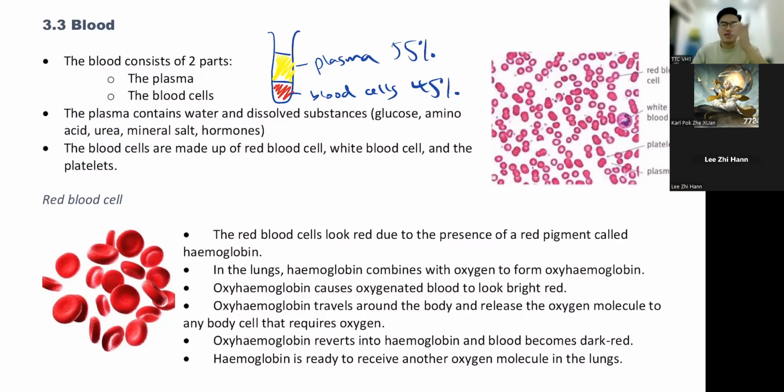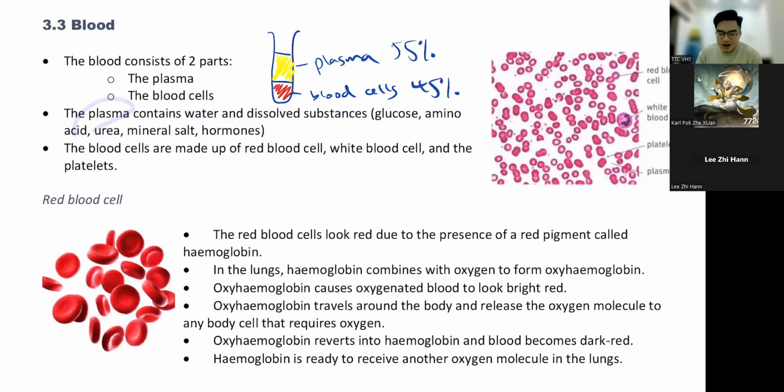Sometimes when you cut yourself not deep enough, you see a clear fluid, something that looks like water, but slightly yellow. That is the plasma. So your plasma is like this water surrounding inside your blood. They contain all these substances, all inside your plasma.